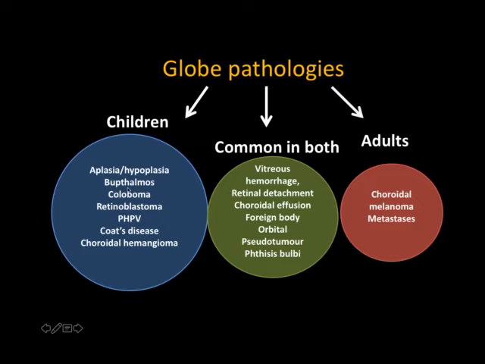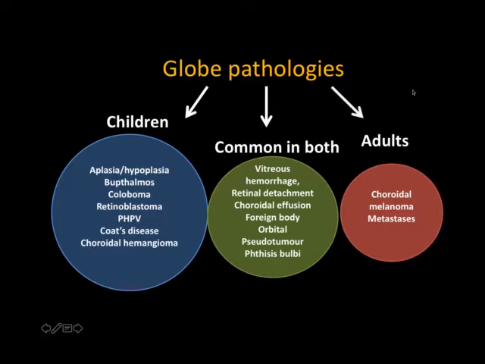I've classified them into children, adult, or mixed. In children, most commonly there would be a lot of congenital anomalies. So there could be absence of the globe or hypoplasia. Buphthalmos is a large globe, coloboma, retinoblastoma, the most common malignant tumor in children. Then there can be Coats disease, persistent hyperplastic primary vitreous, differential diagnosis of leukocoria.